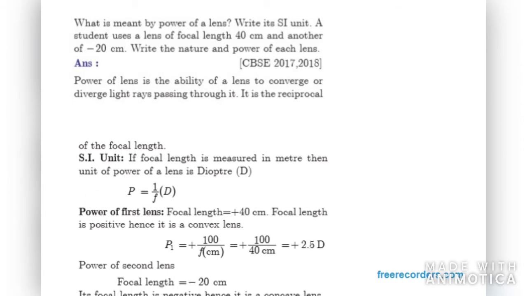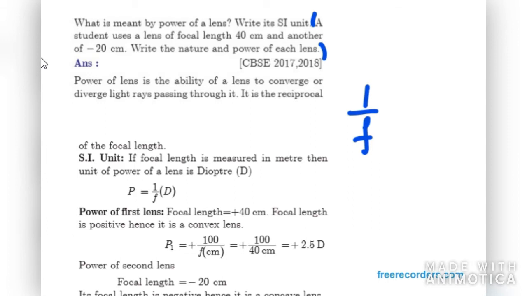Next is what is meant by power of a lens. So, power of a lens is the ability of a lens to converge or diverge light rays passing through it. And as you know, it is actually a reciprocal of focal length. So, 1 over f. And we need to tell them the SI unit as well, that is diopter. So moving on to the question part, it says a student uses a lens of focal length 40 centimeter and minus 20 centimeter.